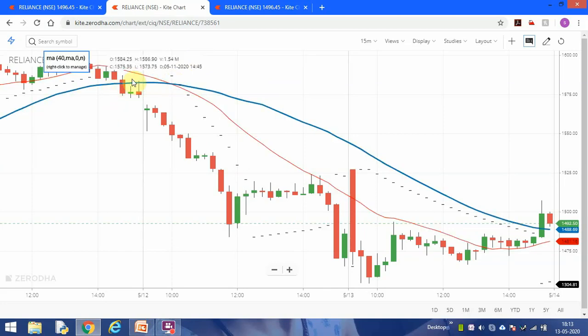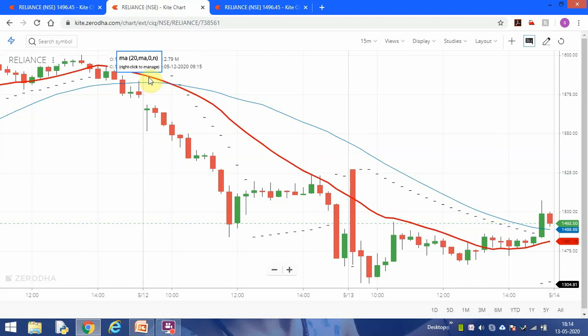So you can see here, once a small moving average crosses above a big moving average, then there is an uptrend.